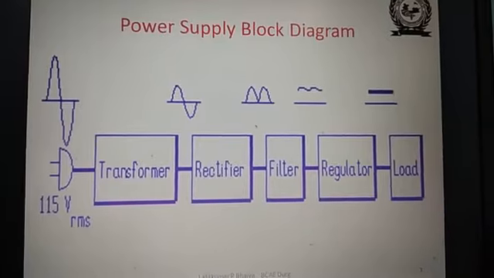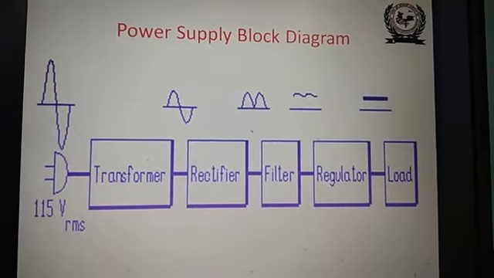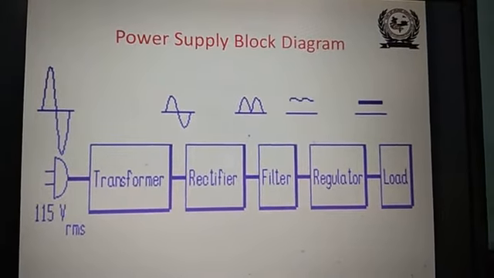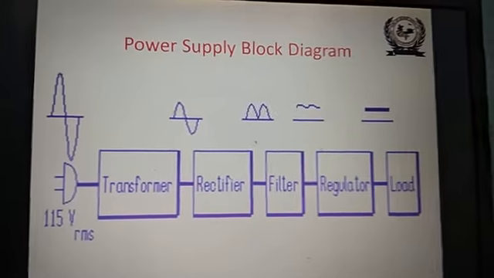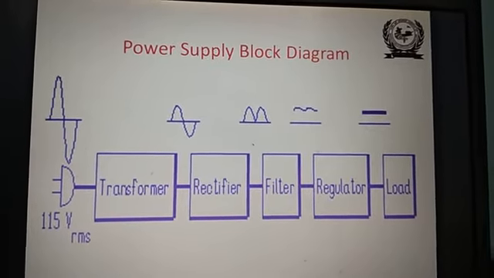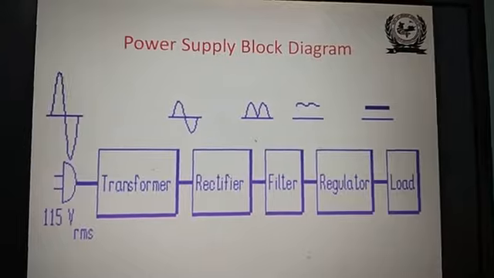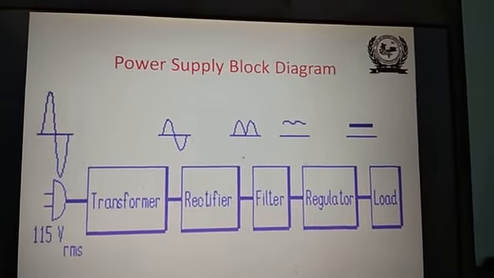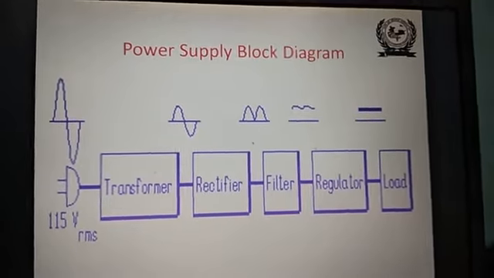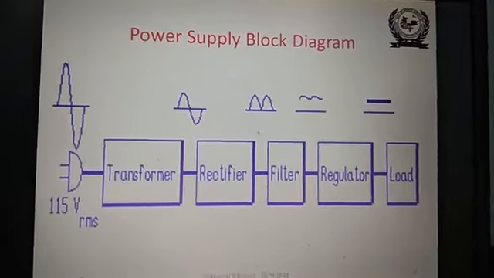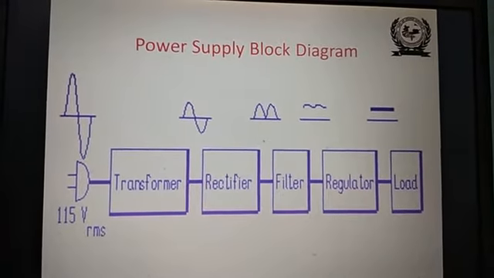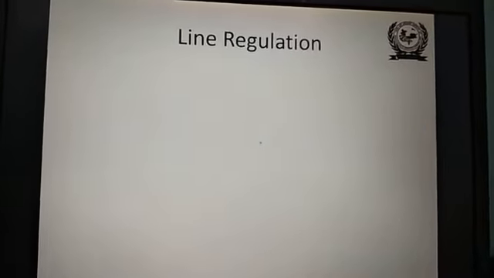In general, you can say in mobiles or in any other chargers, we use this. For every domestic purpose we use a 12 volt power supply, 6 volt power supply, 15 volt power supply, etc., which uses the regulator.